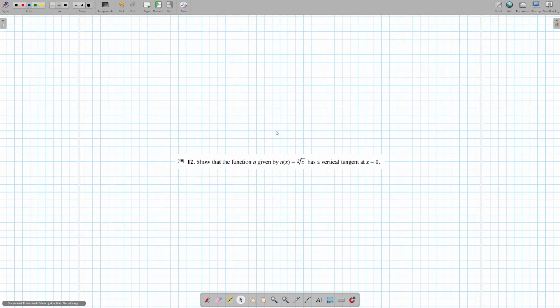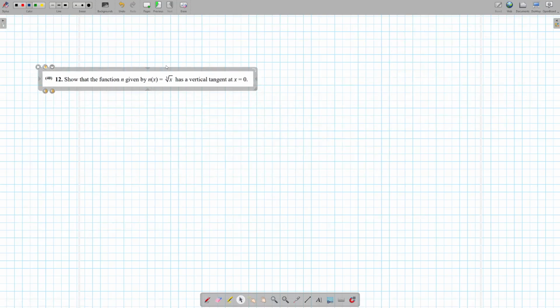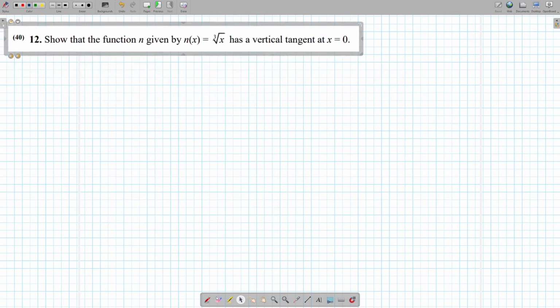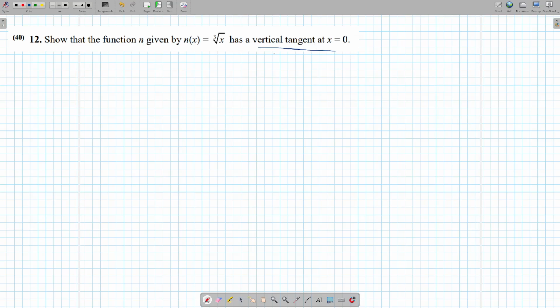Show that it has a vertical tangent. How do we show that it has a vertical tangent? So easy. To show that it has a vertical tangent, that means substituting the x value into the left and right derivative will get you infinity.